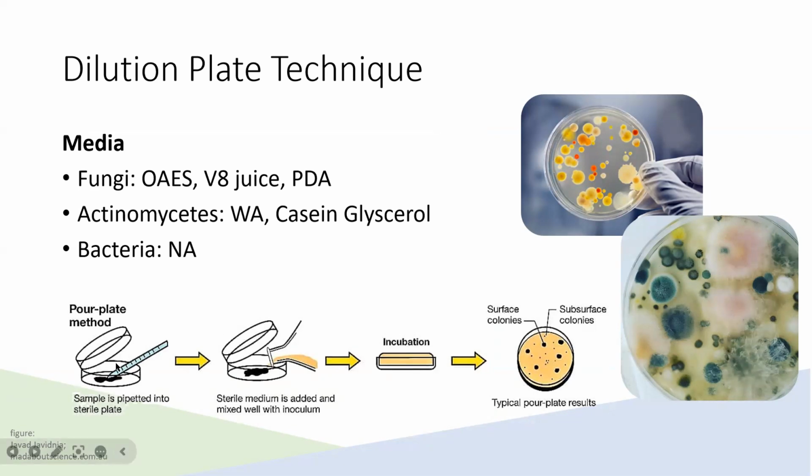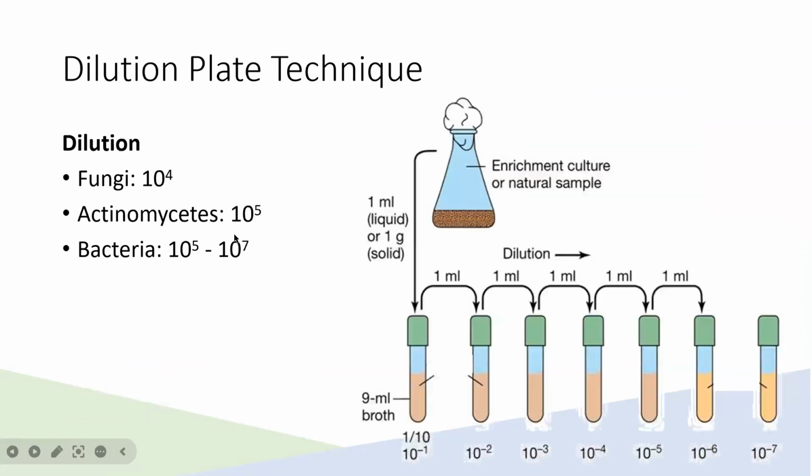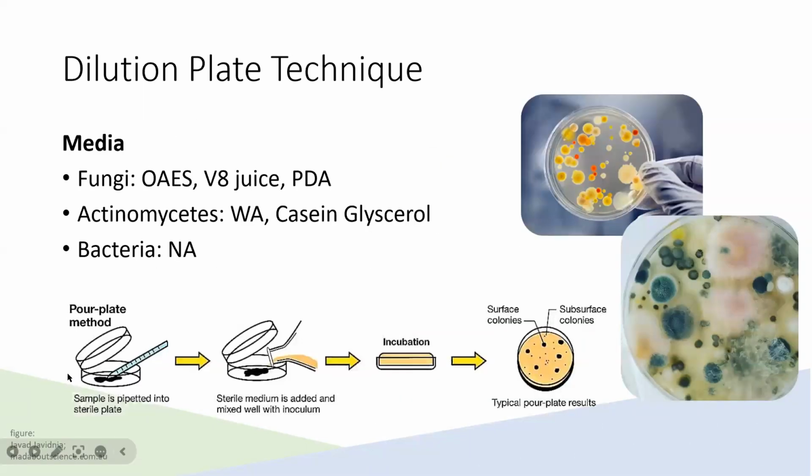First, we pour the sample, the one that we diluted before, into a sterile petri dish, and after that, we pour a medium there. Then incubate it. After that, we will see the microorganism grow in the medium, and then we do identification.